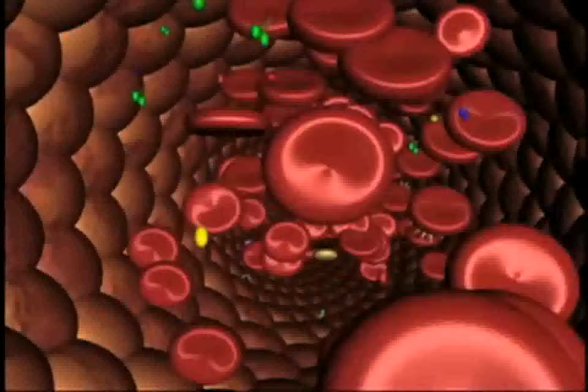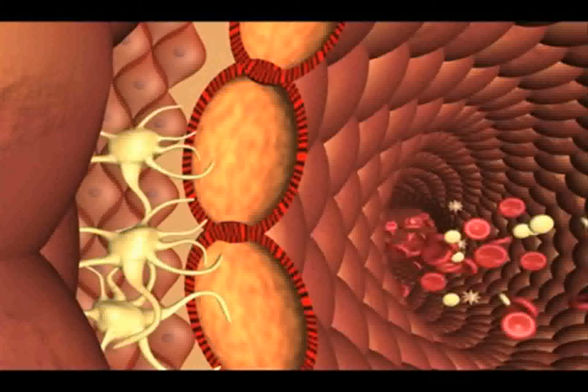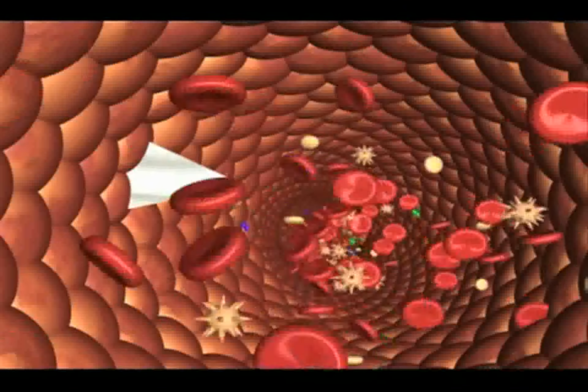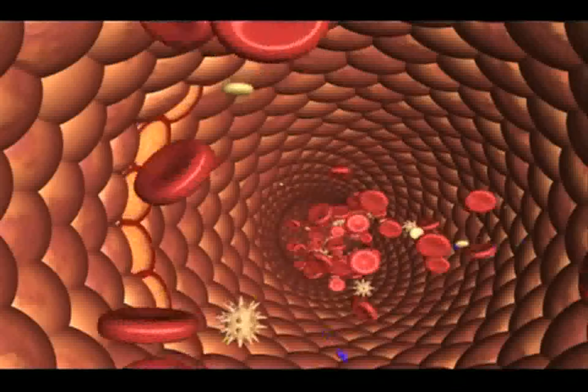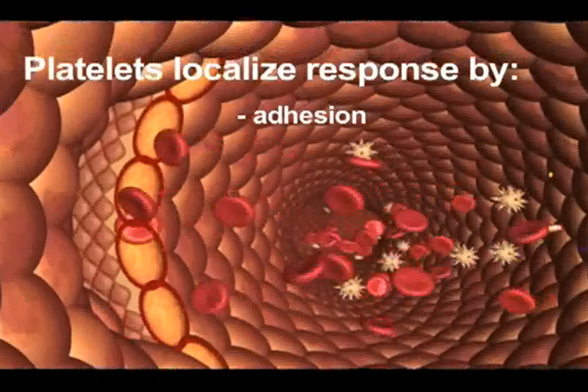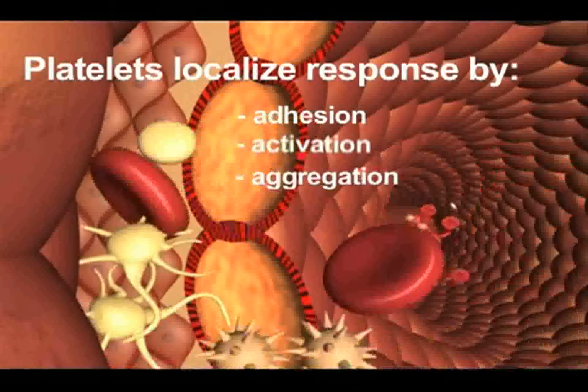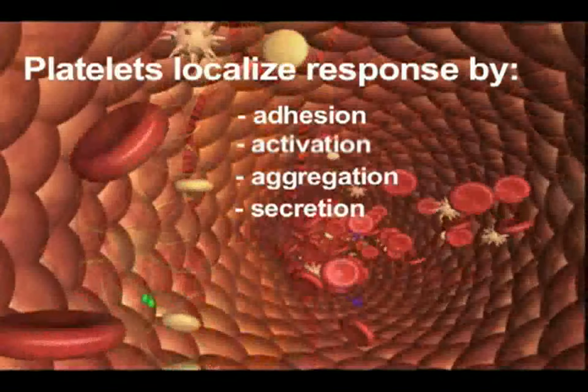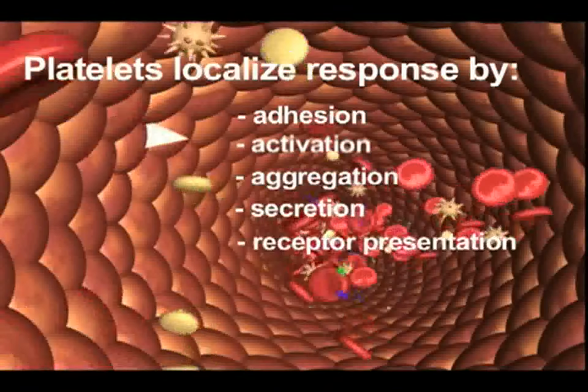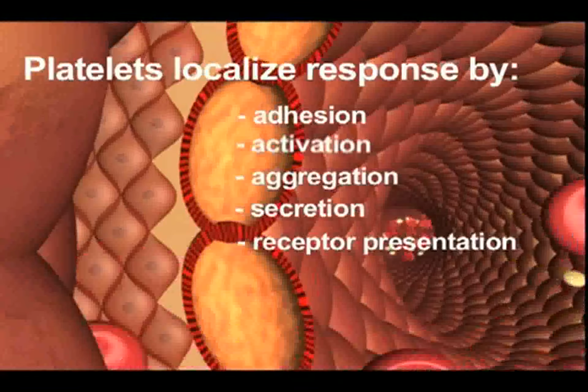Platelets also provide the membrane receptors upon which the plasma-derived proteolytic coagulation complexes are formed and express their activities. Platelet adhesion, activation, aggregation, secretion, and receptor presentation serve to localize the blood coagulation process to the region of vascular damage.